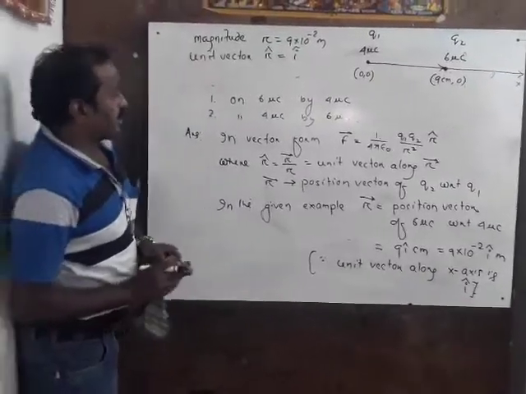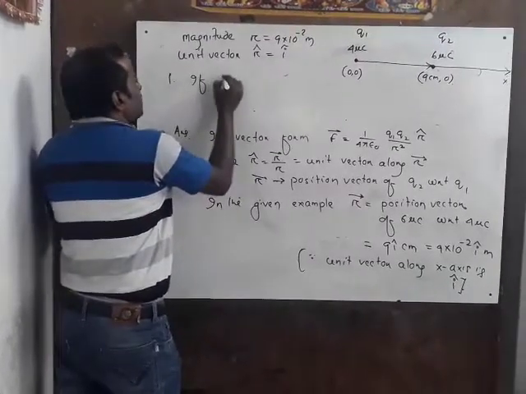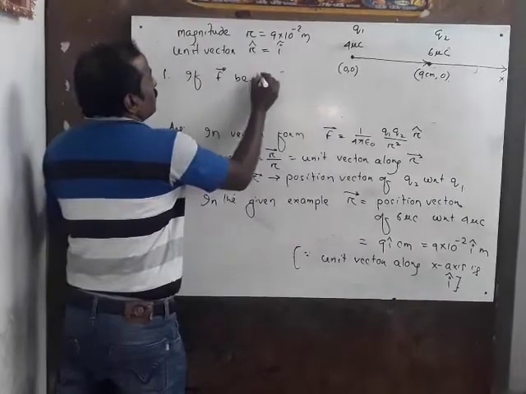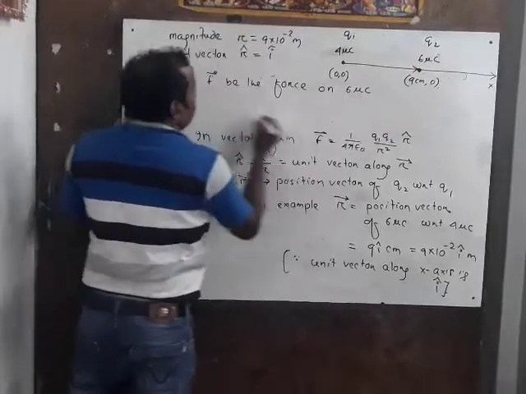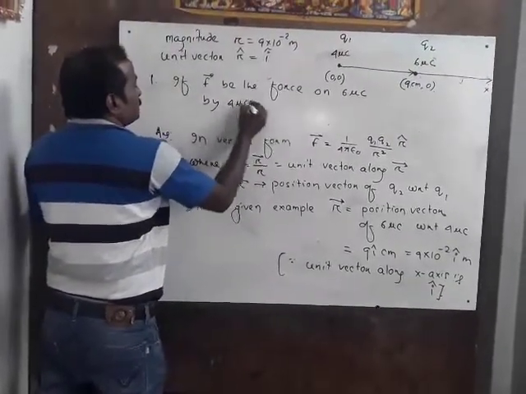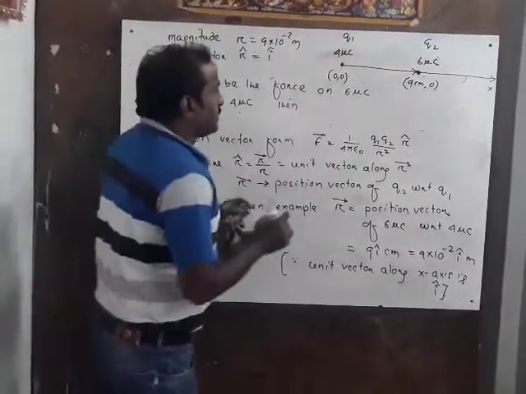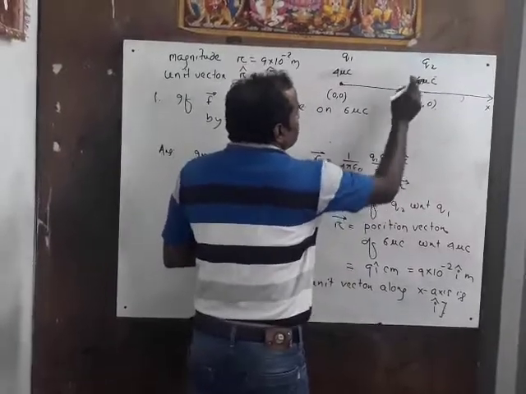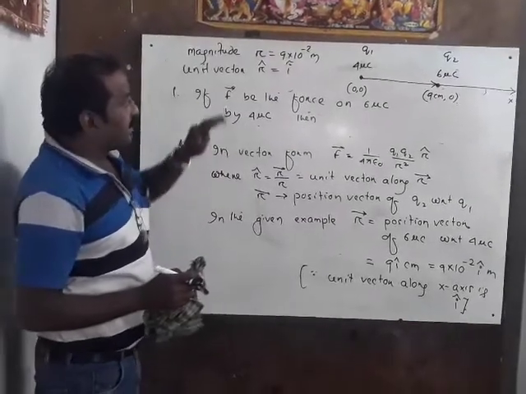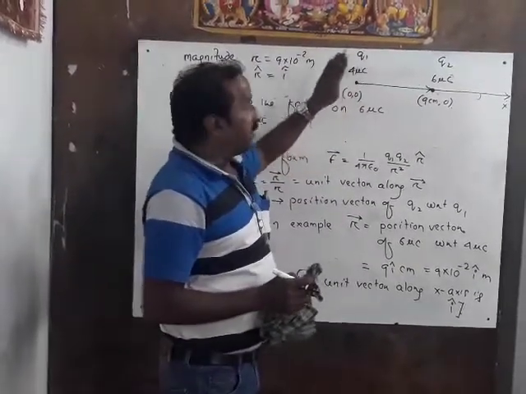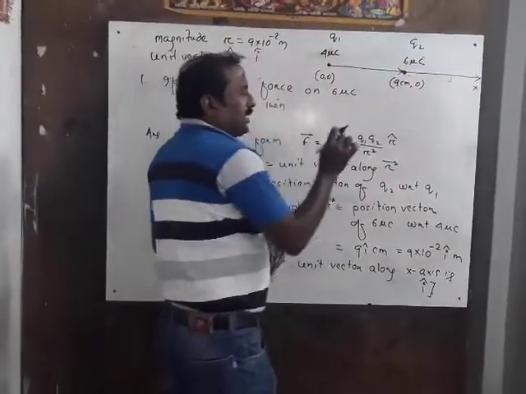Now let's attend the first one. Okay, so let F be the force on 6 microcoulomb by 4 microcoulomb. So then obviously, if we are considering the force on 6 microcoulomb by 4 microcoulomb, then we should imagine like this: if the 4 microcoulomb is fixed, then we should hold it fixed, and 6 microcoulomb let it be movable.